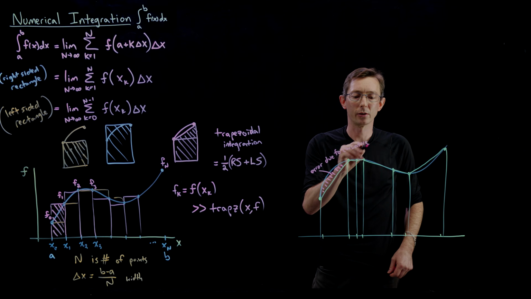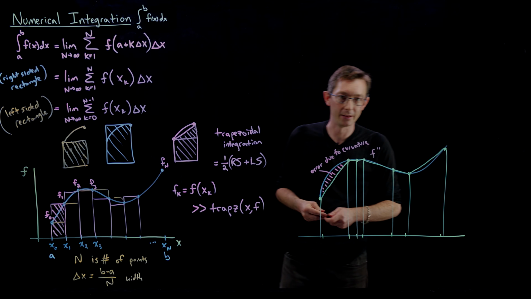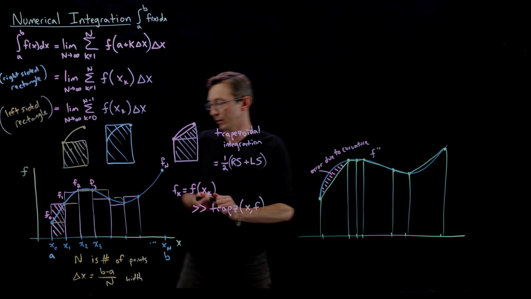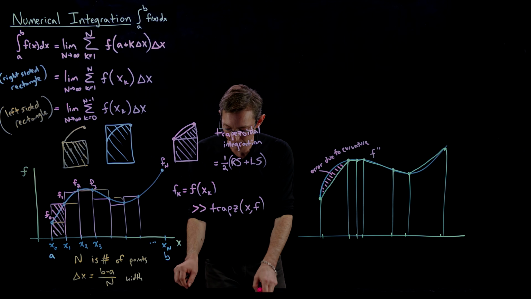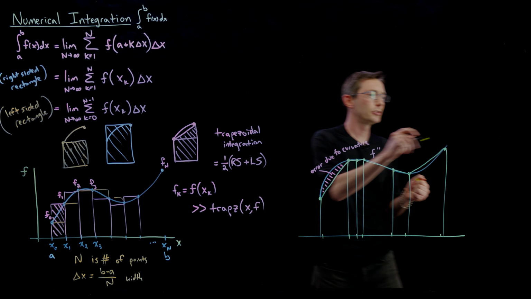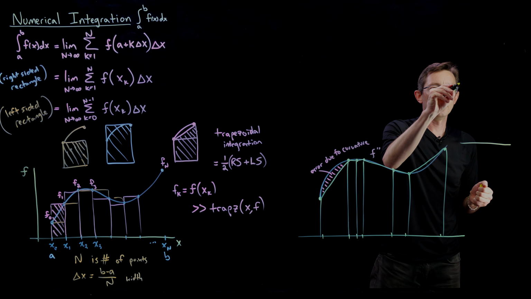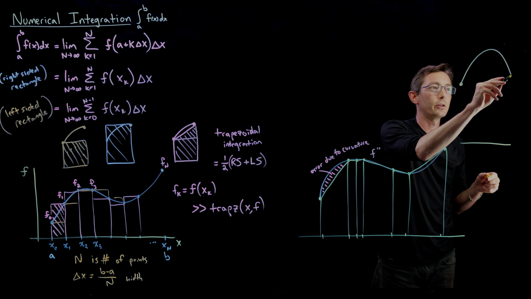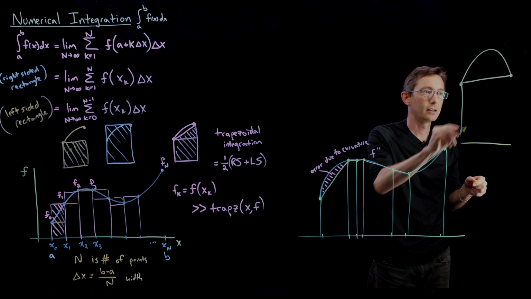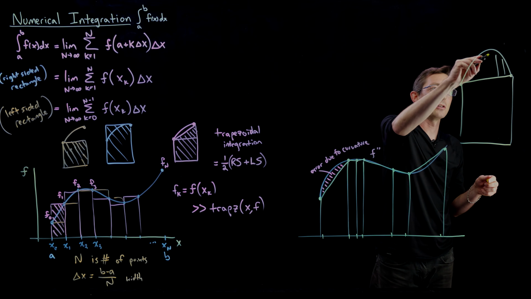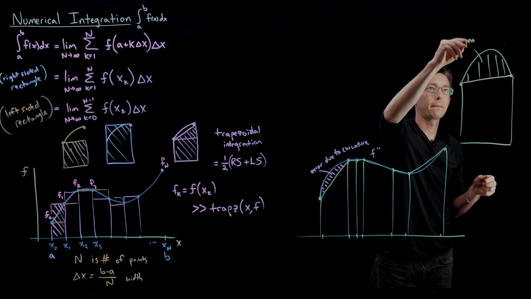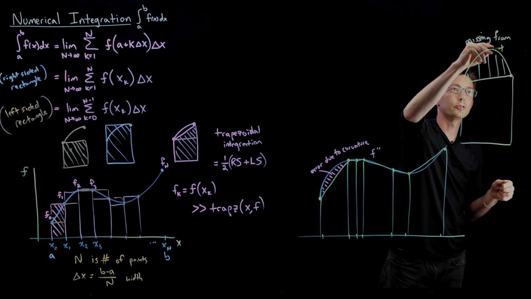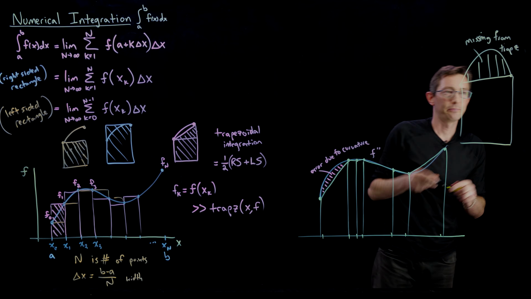And remember, curvature of a function is f double prime. When f double prime is large, the trapezoidal integration is not going to do well. If I zoom in and have something with a lot of curvature, my trapezoidal integration is going to miss. This is all error here. This is all missing from trapz.